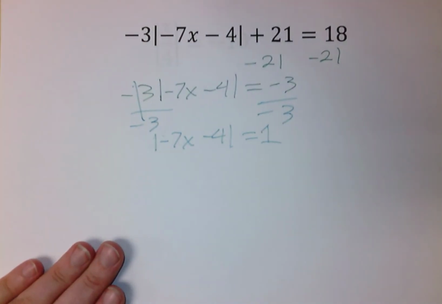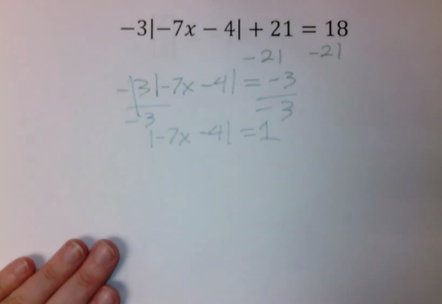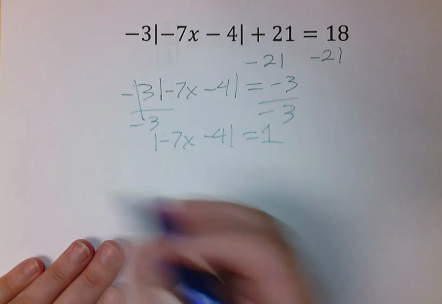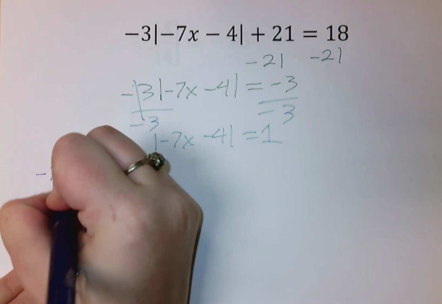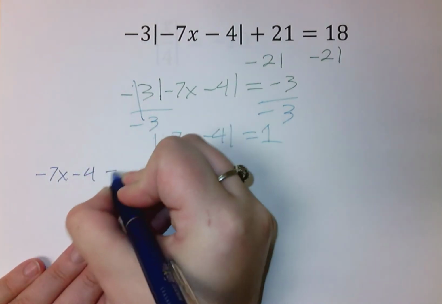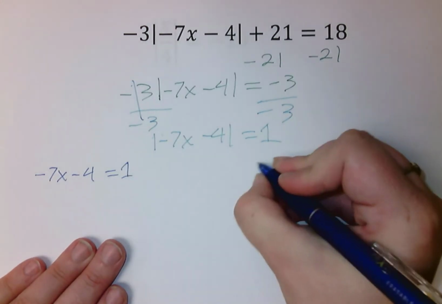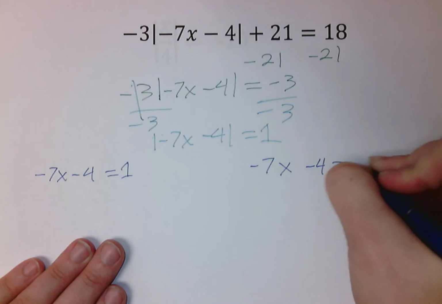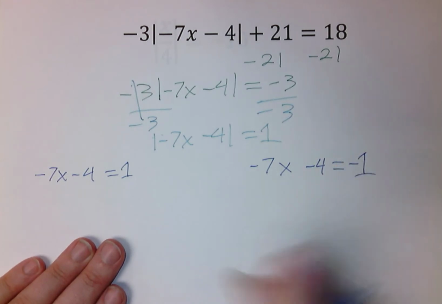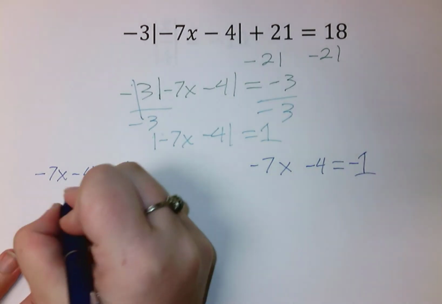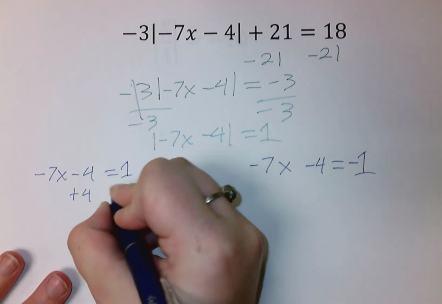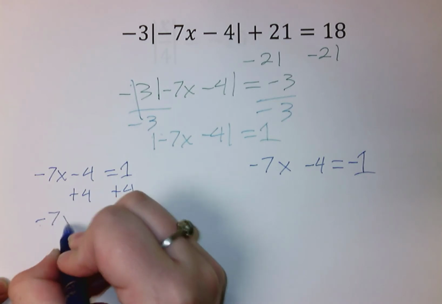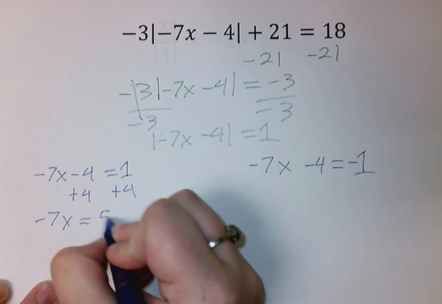So now that my absolute value is isolated, we're going to set up my two equations. Negative 7x minus 4 is equal to 1, and negative 7x minus 4 is equal to negative 1. I'm going to add 4 on both sides. So negative 7x is going to equal 5.